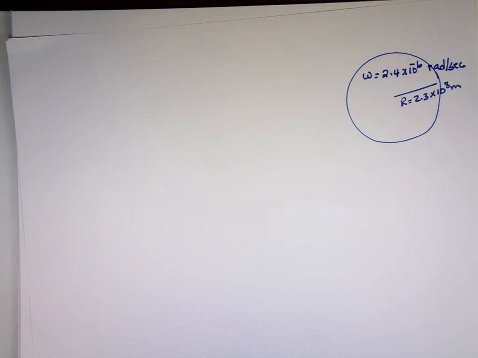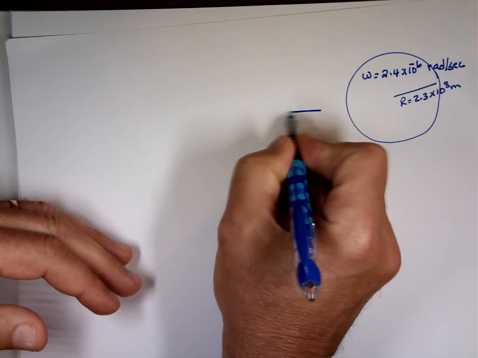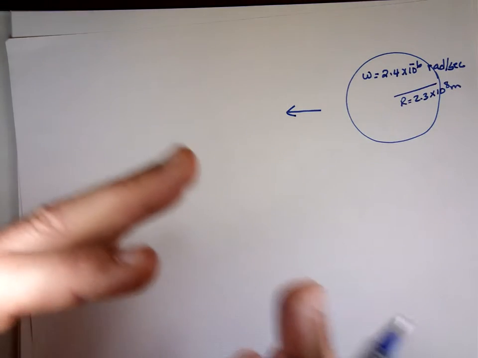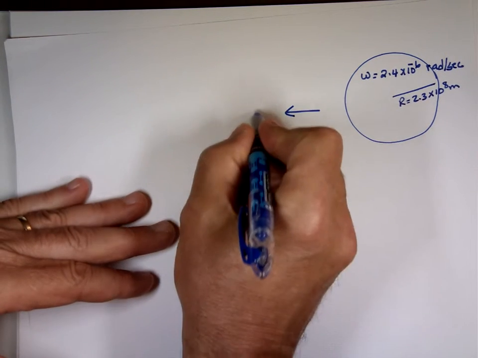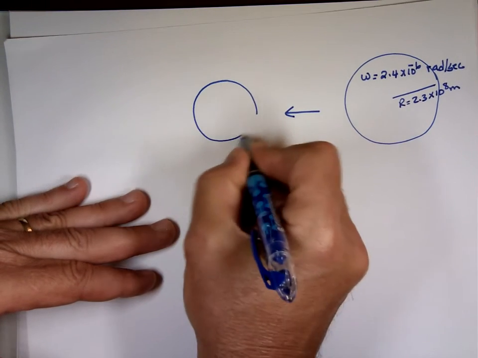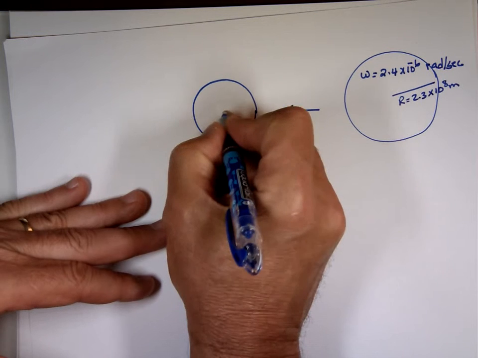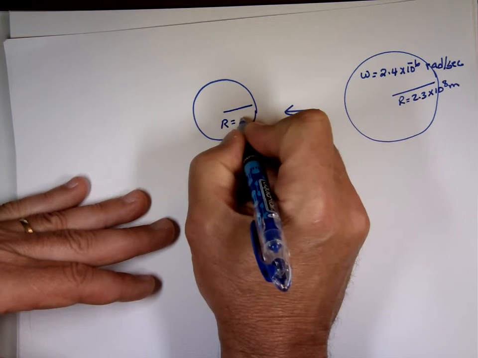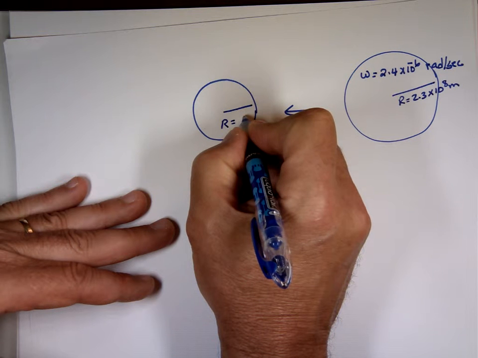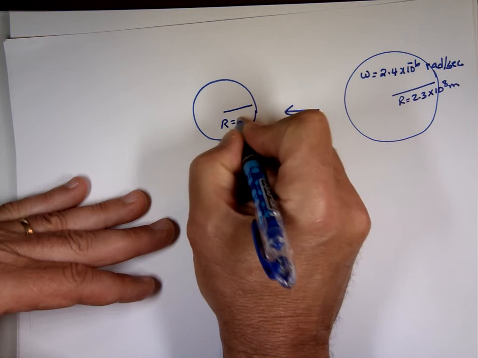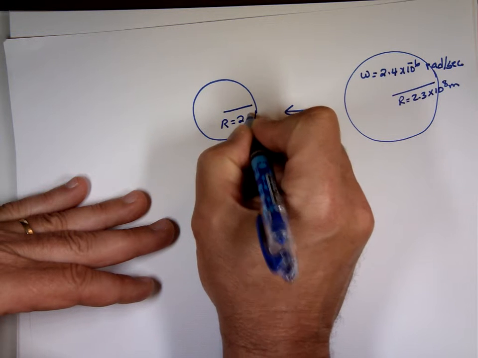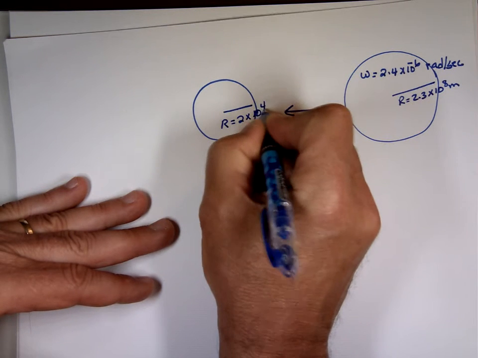Let's assume the star is going to collapse. You've probably seen or heard about stars collapsing. When they collapse, the size shrinks. Smaller now. The radius now, let's use about 2 times 10 to the 4th meters.